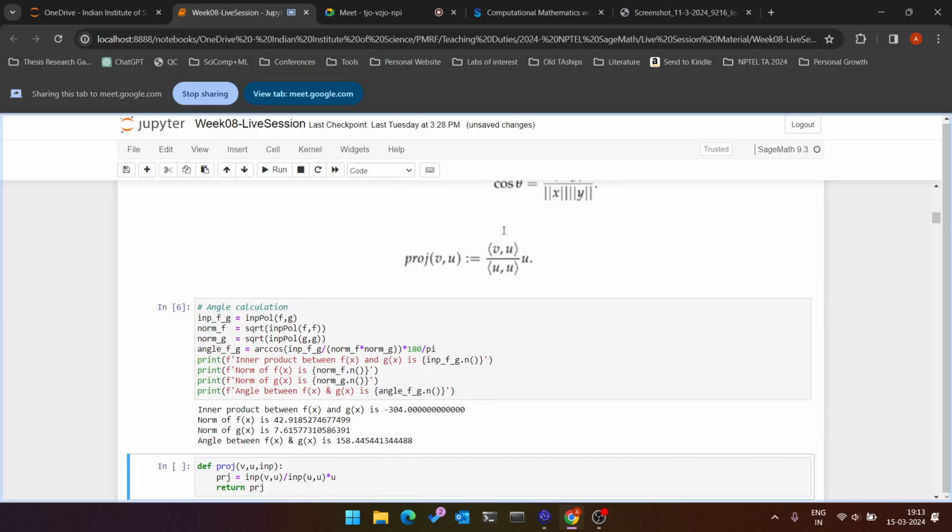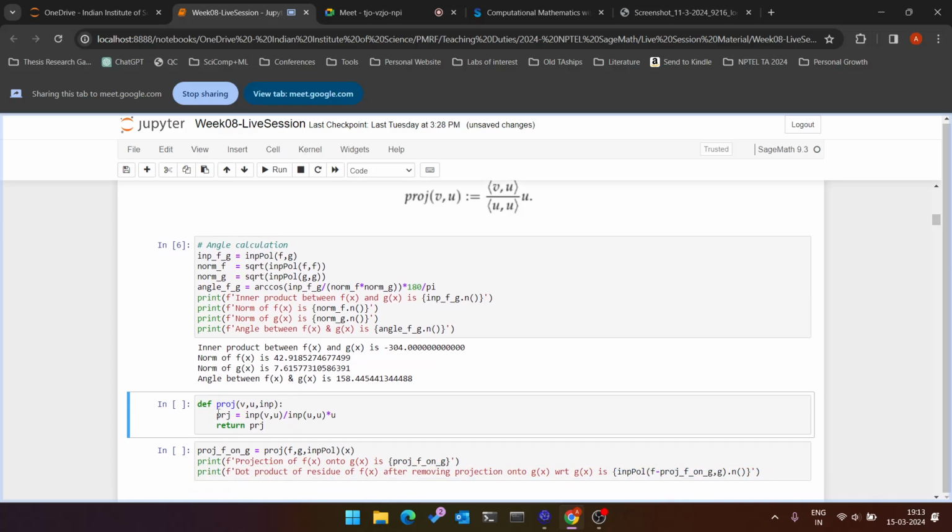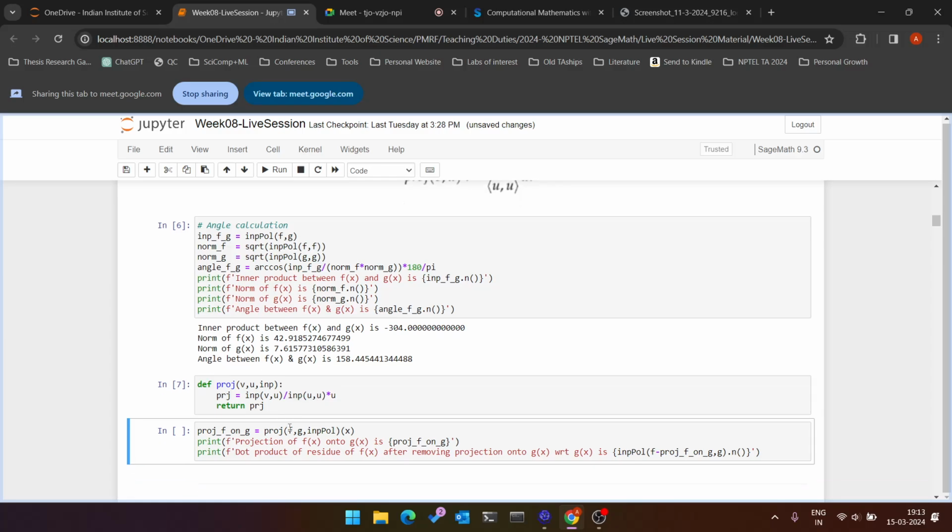So I've just bundled this whole formulation into this function proj, which takes arguments v, u, and some inner product function. The projection is written as the same definition: inner product of v, u upon inner product of u, u, whole multiplied with the vector u, and we return the projection.